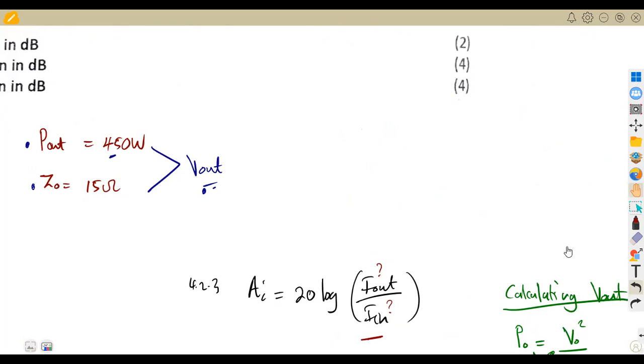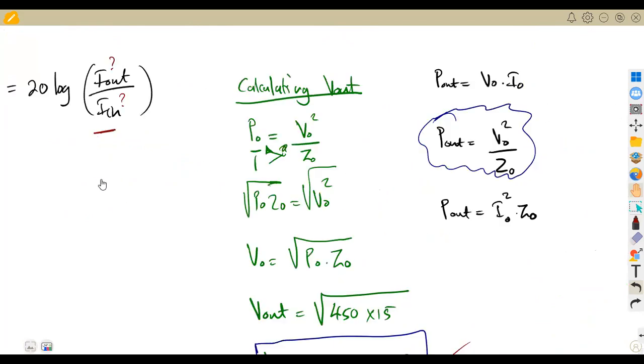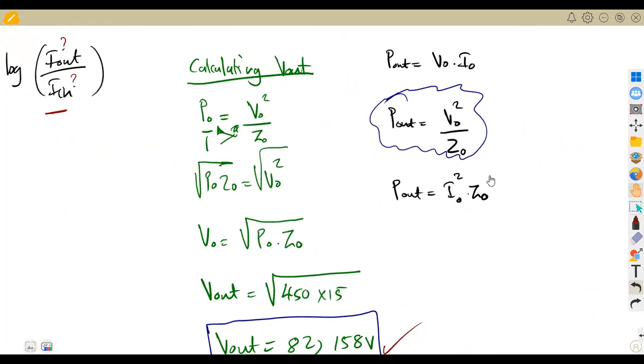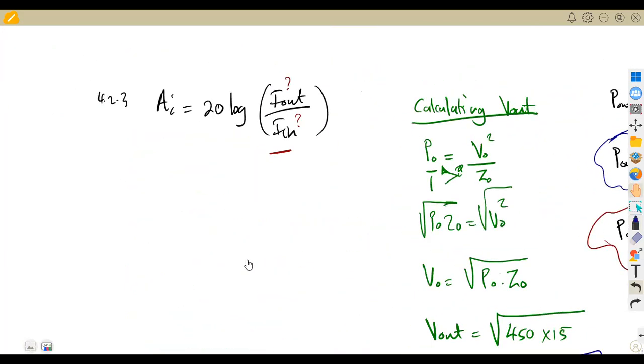So the question is, we are supposed to calculate the current at the output, given power and impedance. What is the best formula to use given power and impedance in order to calculate current? This is the best formula where we are given power, current, and impedance. So we're going to use that formula because we've got the power at the output and we also have the impedance at the output. So let us just write it down.